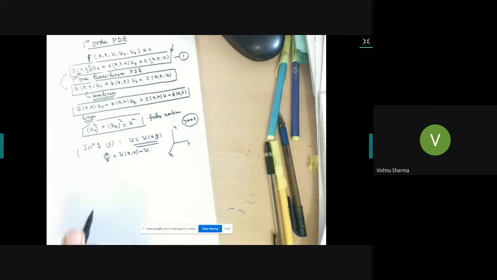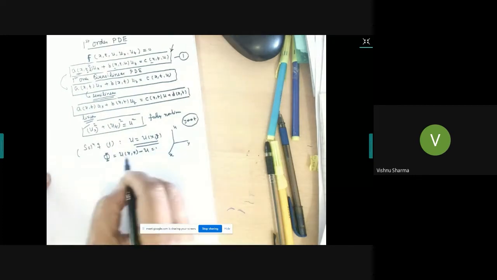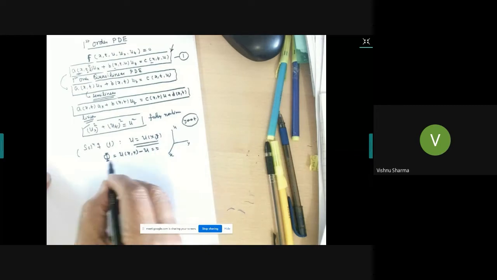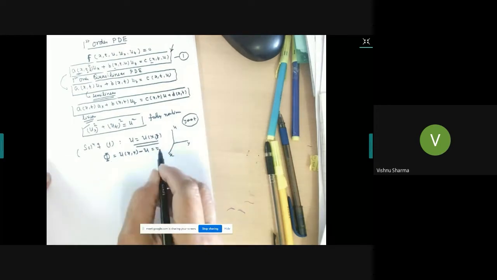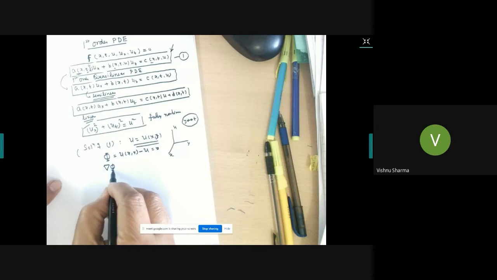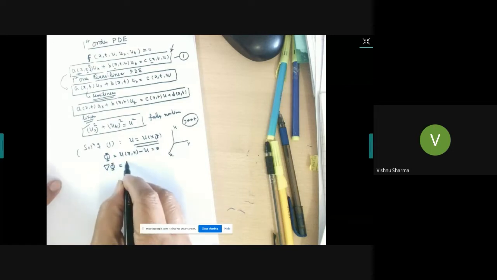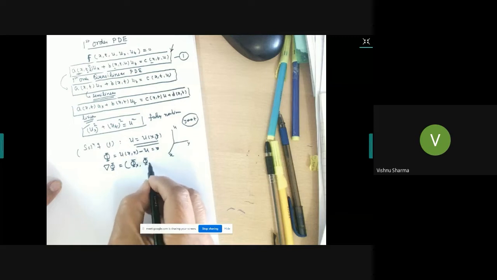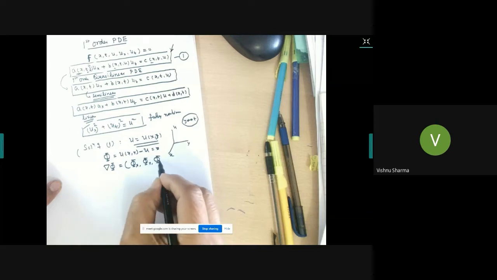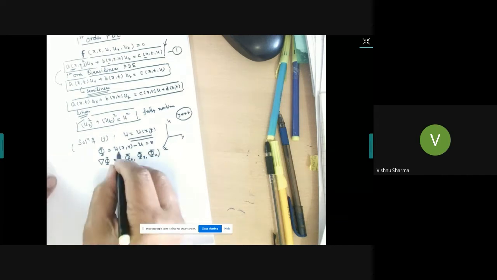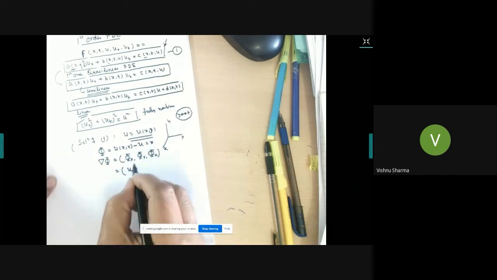All right. So this is the function, capital phi. Now look here. This represents a surface, phi equal to 0. What are the gradients? We know that the gradient of this is nothing but phi_x, phi_y, and phi_u in the x, y, u space. And what is phi_x in this case? It is u_x. What is phi_y?